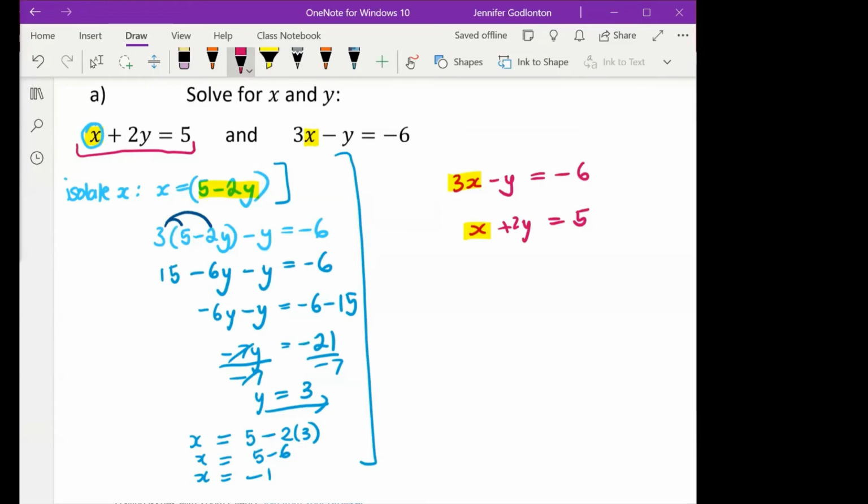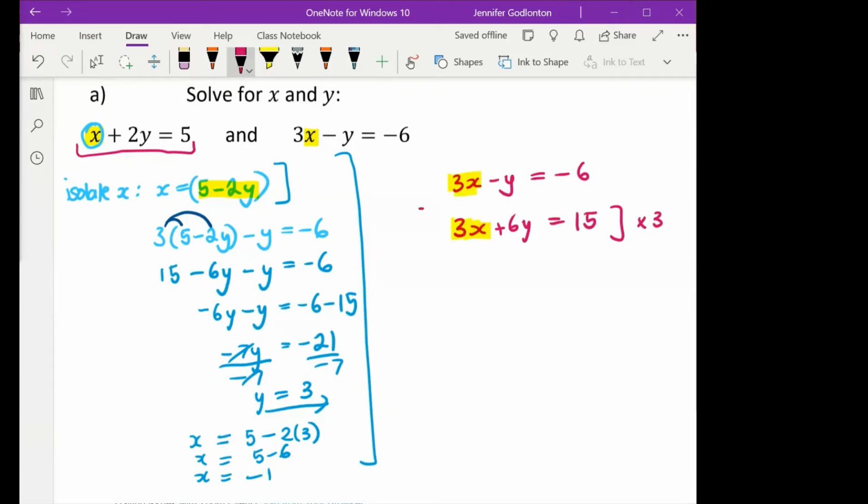So if I want this to be a 3x, then I times it by 3. And I can't just times one thing by 3. I have to times everything by 3. So if that becomes a 3x, then this becomes plus 6y, and this becomes 15. So what I did was I multiplied everything by 3. Now this is the same as this, so I can eliminate them.